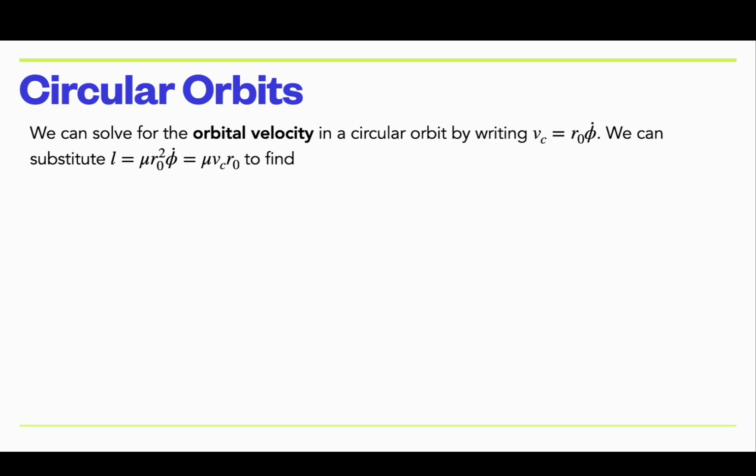So remember that the circular velocity is just going to be r times phi dot. And we can substitute the angular momentum for this.